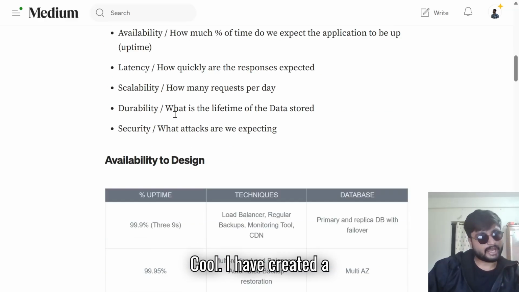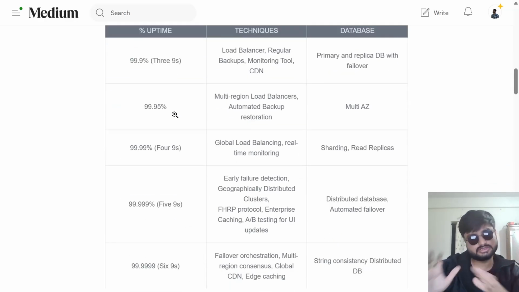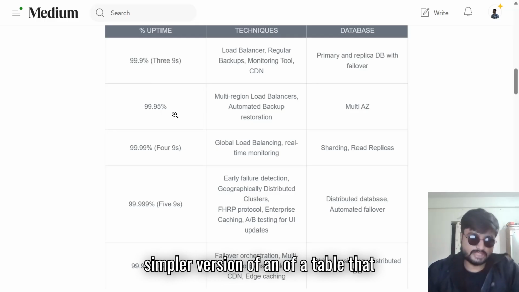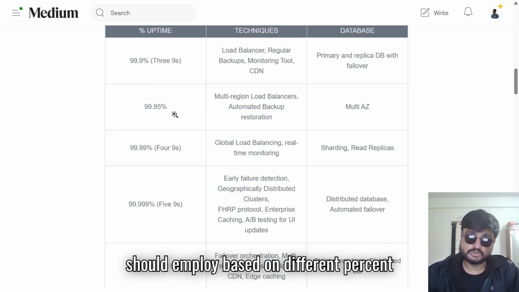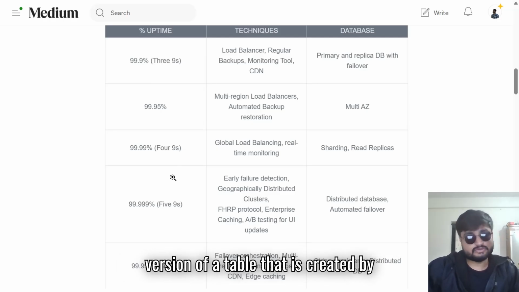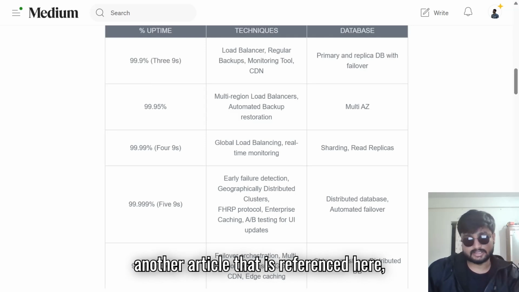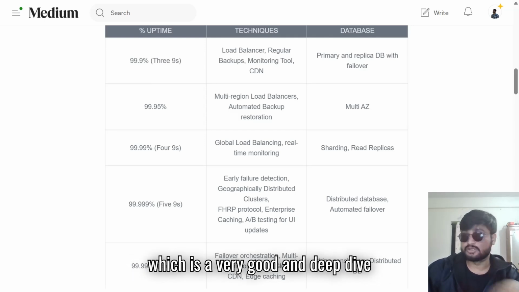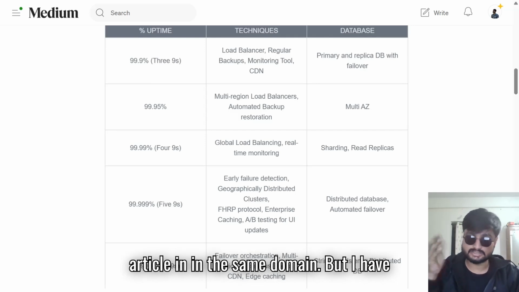Cool. I have created a simpler version of a table that tells you what different techniques you should employ based on different percent of uptime. It is a simpler version of a table created by another article that is referenced here, which is a very good and deep dive article in the same domain.